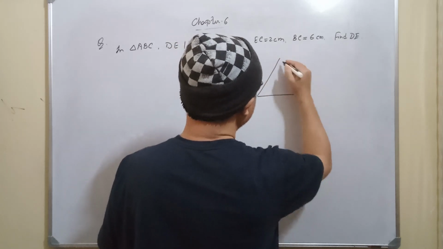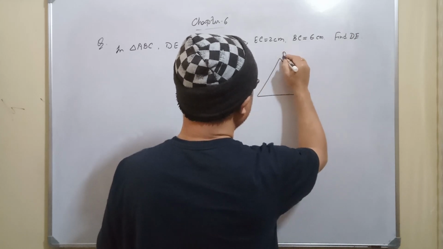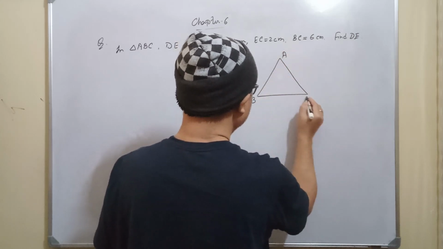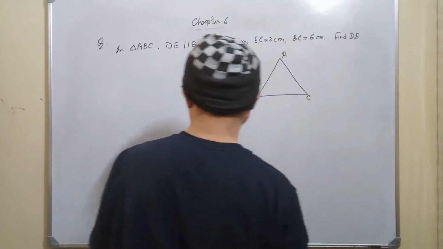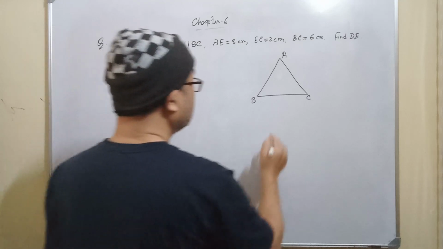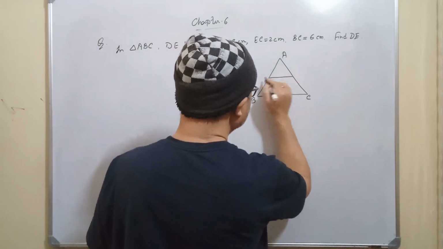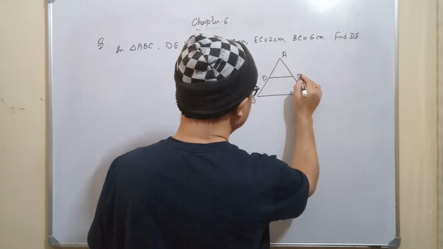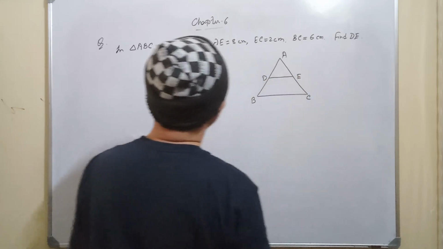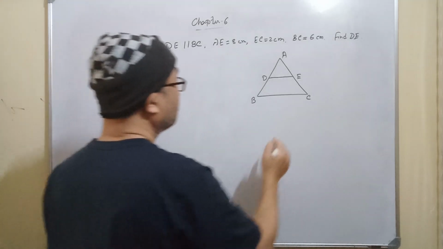So we have a triangle. ABC is the triangle. DE is parallel to BC. DE is drawn parallel to BC. Then AE is 8 cm.